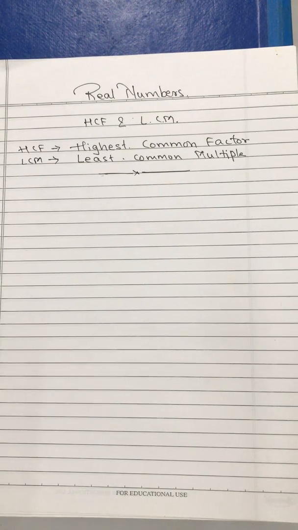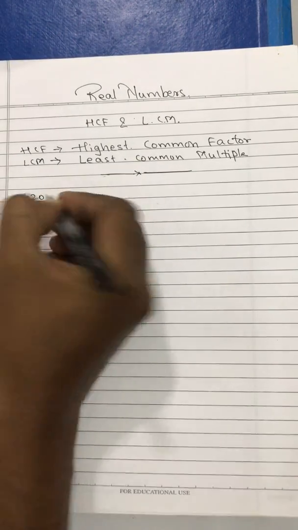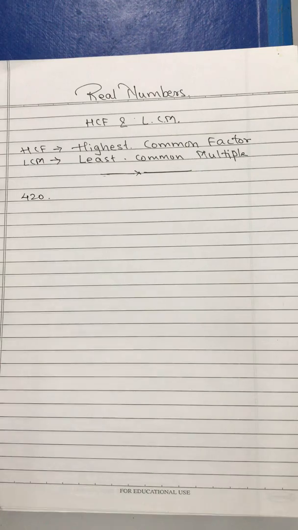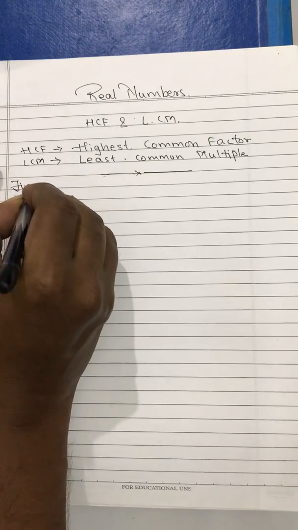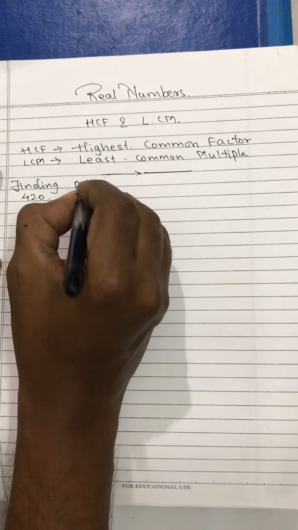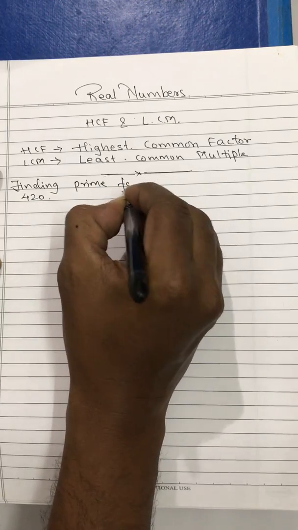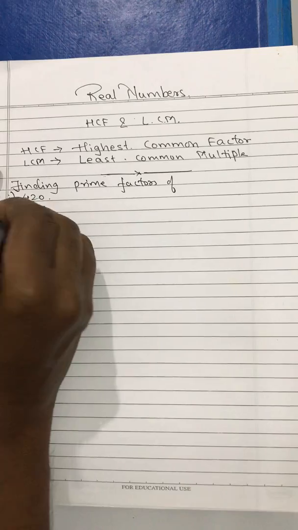So supposing we have been given a number like 420, and we have to find the factors of 420, then what do we do? Finding prime factors. Of course, we have to take the prime factors of 420.